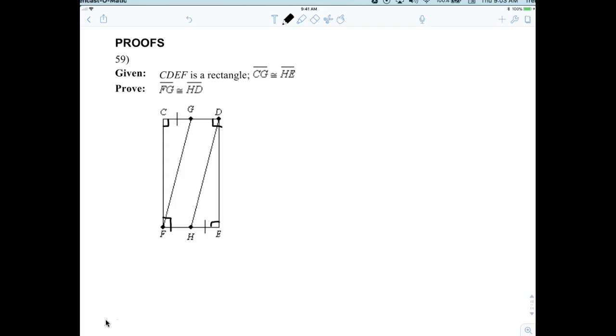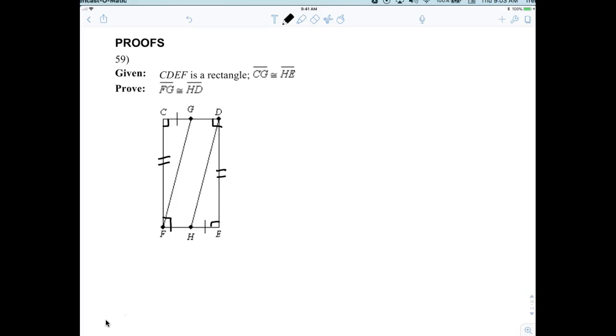Everybody agree that's kind of easy? Because it's a rectangle, what's true? The angles are equal. But what side specifically? DE. Thank you. So I would mark DE congruent to CF. So it's side angle side. Come on, guys, it's really simple. No excuses.